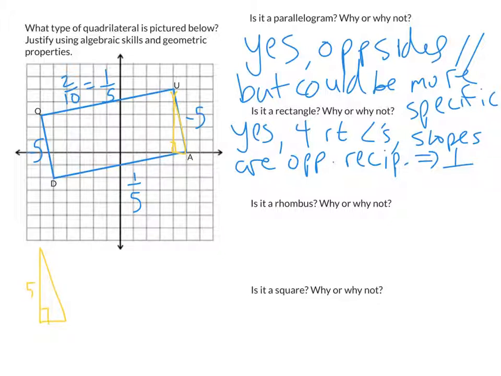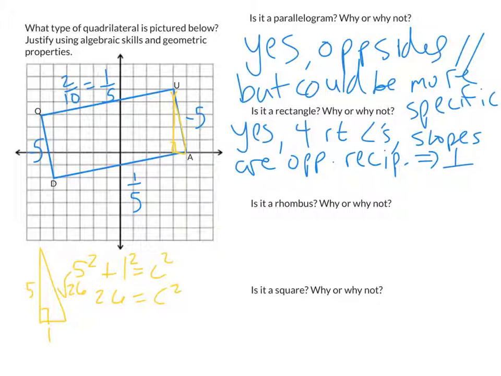If this is 5 and this is 1, 5 squared plus 1 squared is equal to c squared. So that's 25 plus 1 is 26. 26 equals c squared, so square root of 26. You may like that better than the distance formula. The distance formula is going to give you the same results. If it's on a graph, I'm just going to make a right triangle if I can do that.